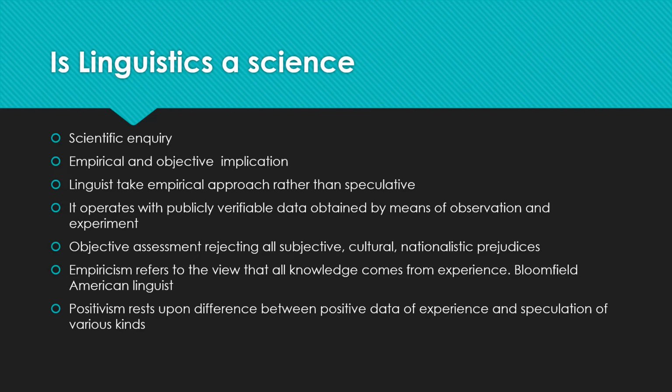Empirical, practical application is done on languages to understand its law and its origin. And objective implication, we must remember that it is not subjective. Subjective means personal. If you are taking some subjective matters, it might differ from person to person. One person's opinion might not be the other person's opinion. But when we speak about objective implication, it is universal.